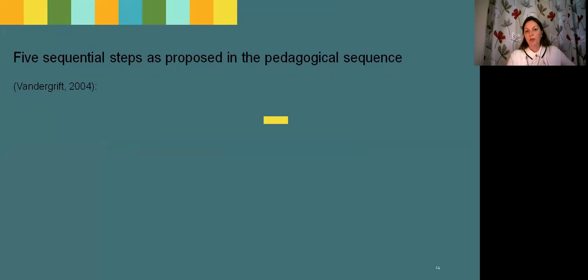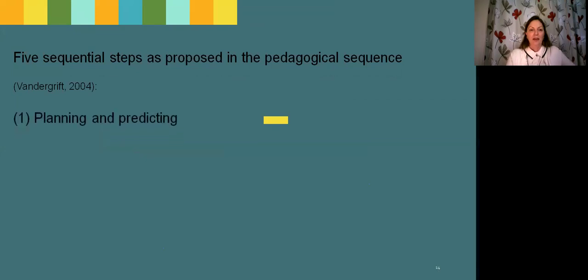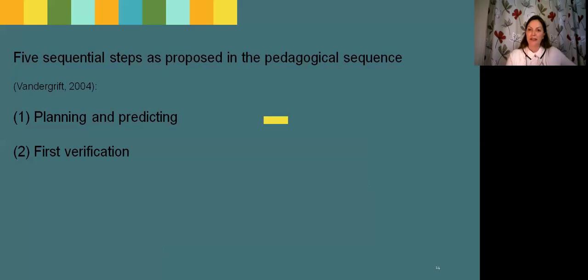Five sequential steps proposed in the pedagogical sequence by Larry Vandergrift, who is an important researcher in the field of listening. They are planning and predicting. First verification, actually that's the first listening, as the colleague who participated before said, we didn't know if we are going to listen to the recording once or twice. So we should take the first listening just to get familiar with the speaker, who is speaking, male or female voice. What kind of text is it? Is it an advertisement?